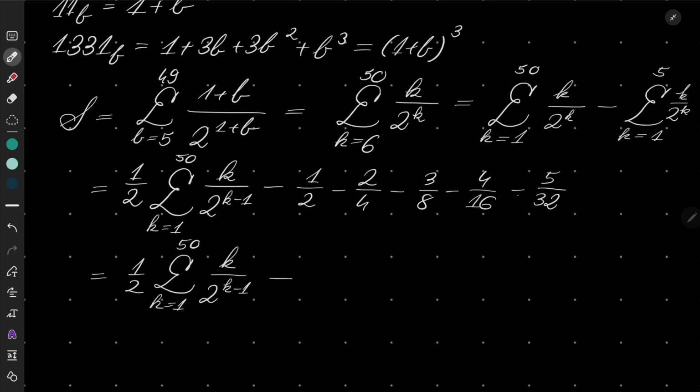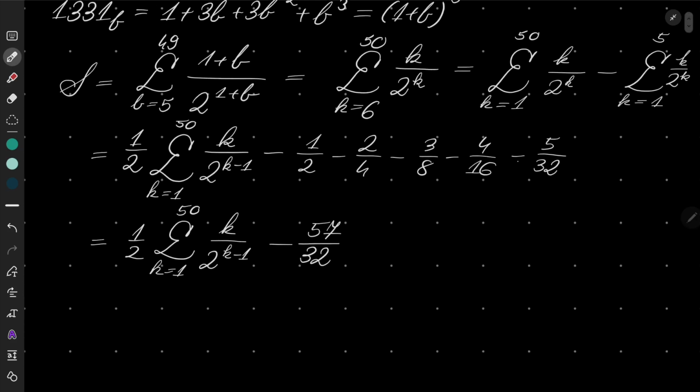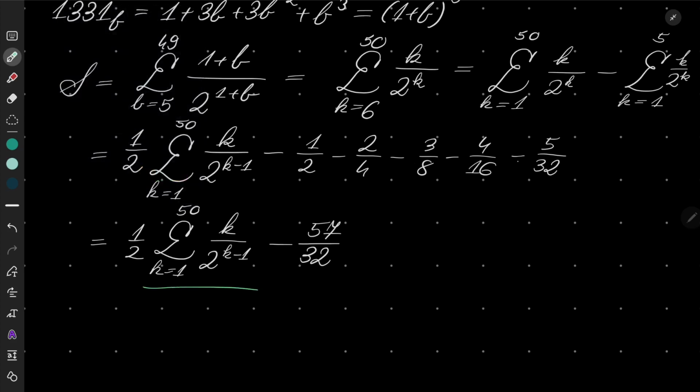It happens to be 57 over 32, with a minus sign in front.